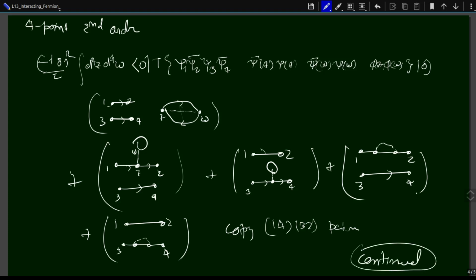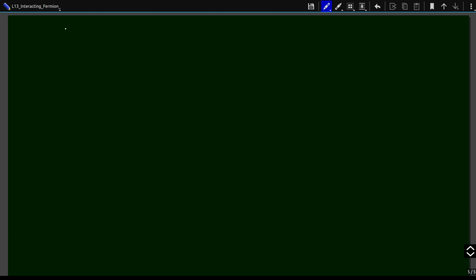continued here, and I'll get a diagram where, let's say, a scalar is here at Z and here at W, and these 2 points are connected by the scalar. 2 of the external particles connect to one vertex and 2 of the external particles connect to another.